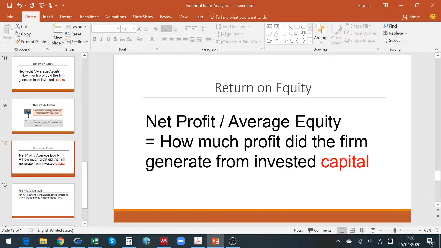Remember, equity is from the investment from the shareholder. So you want to know how much profit you made from the invested capital. These are very popular measurements of the profitability of the company.